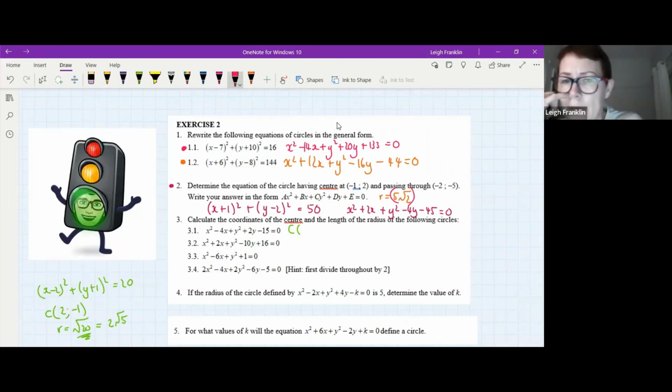She worked out the length of the radius by using the distance formula, between the center (-1, 2) and the point (-2, -5). Then she multiplied it by itself, because remember, the number on the right hand side represents r squared. So 5√2 times 5√2 is 50. That's where it comes from.